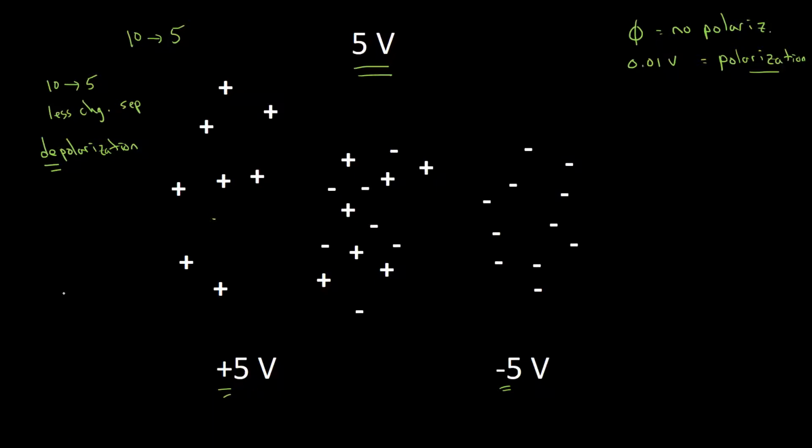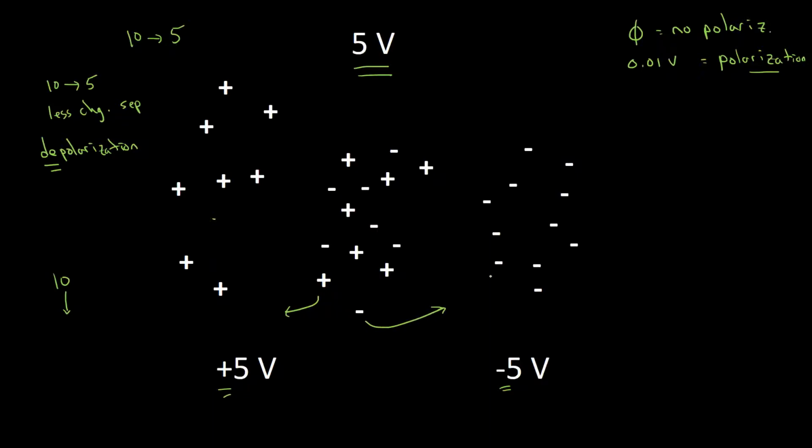So again, if I have 10 volts, I have a relatively large degree of polarization. I have a relatively large separation of charge. When that goes to this case here, you can see that we're depolarizing. We're reducing the amount of polarization. The opposite of that is if we would go from this, and then let's say we use pumps or something to grab the charges and separate them.